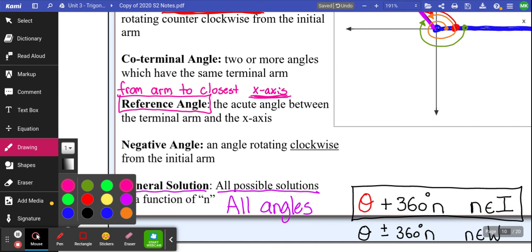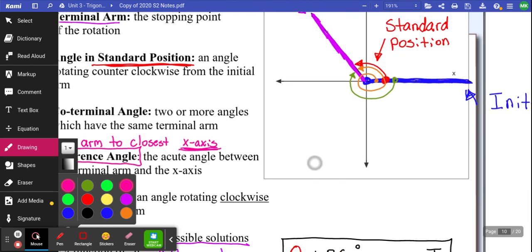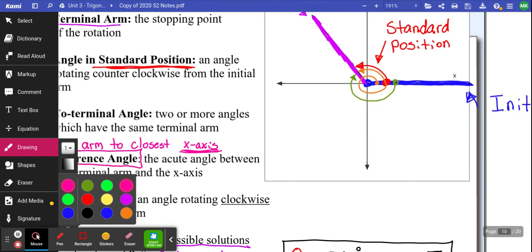Unless you get a crazy question where they put it in the y-axis on their own. But for us, reference angles, x-axis. That means for this terminal arm, my reference angle is right here. That's my reference angle.